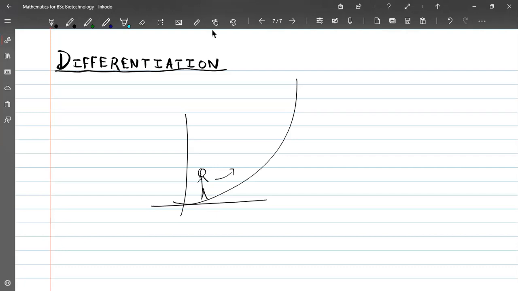So the slope itself is now a function of x. The x position at which you are standing, or the x coordinate of this curve, for every point x y, the slope is a function of that x. So when you say the more you go forward, the steeper it becomes, what you're saying is, as x increases, the slope also increases.